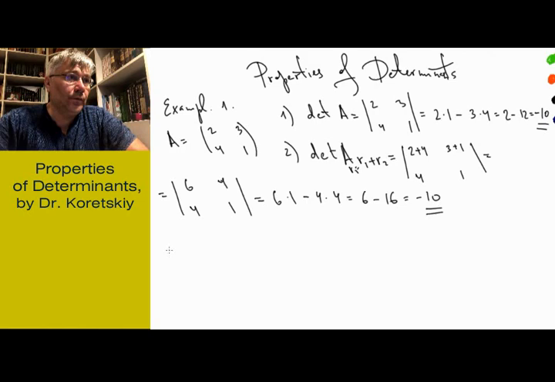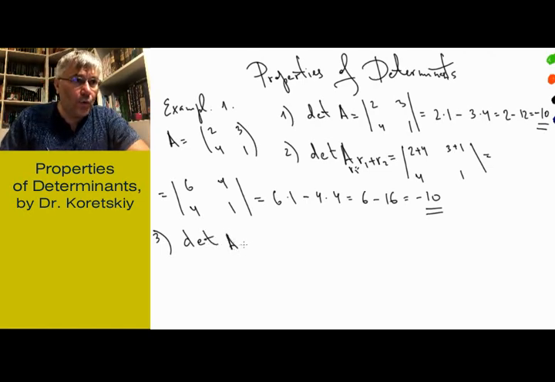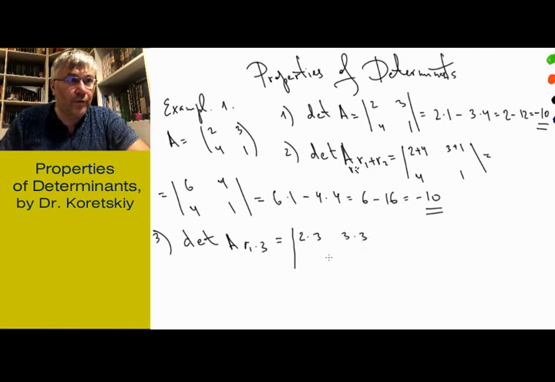What else can we do? For example, I want to calculate the determinant of A when I multiply row 1 by, for example, 3. I have 2 times 3, 3 times 3, and here I have 4 and 1 still. So we have 6, 9, 4, 1.